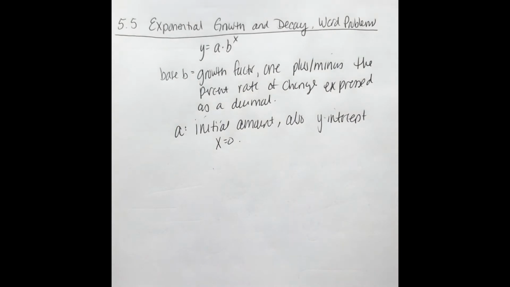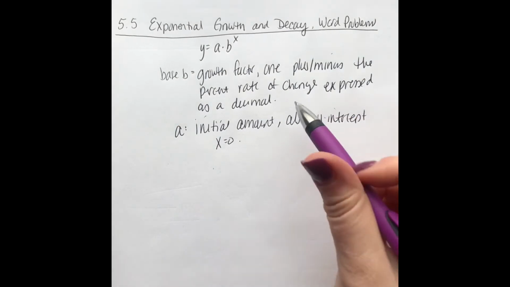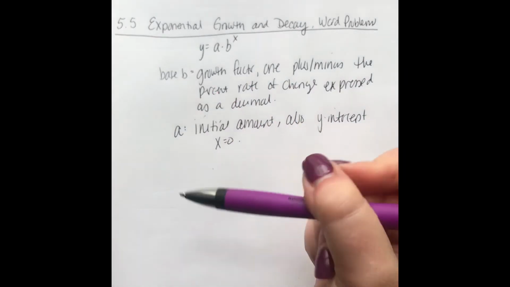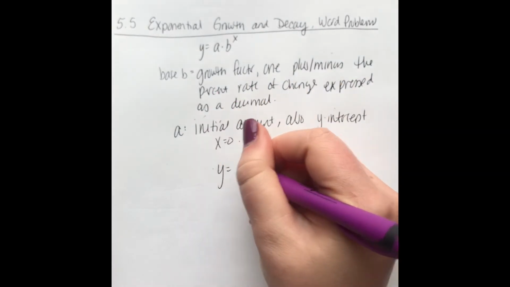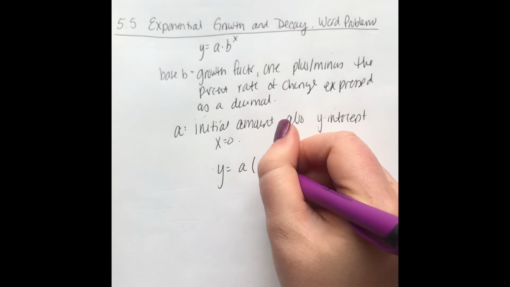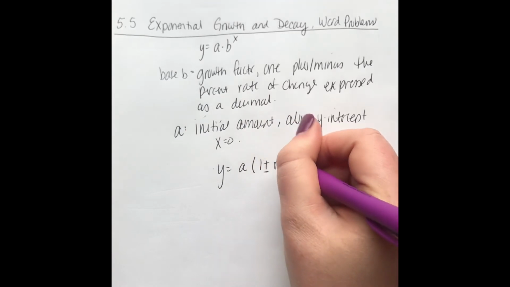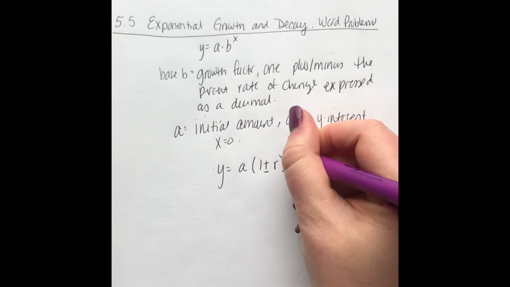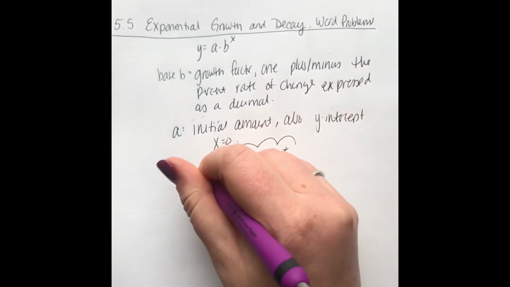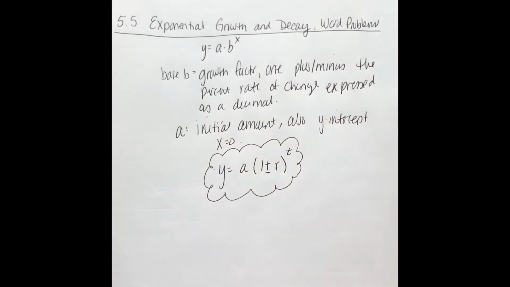So the basic equation that we're going to use for the exponential growth and decay model based on this information is y is equal to a times 1 plus or minus r, depending if it's growth or decay, to the power of t. And t represents time, r is rate, and a is your initial amount.